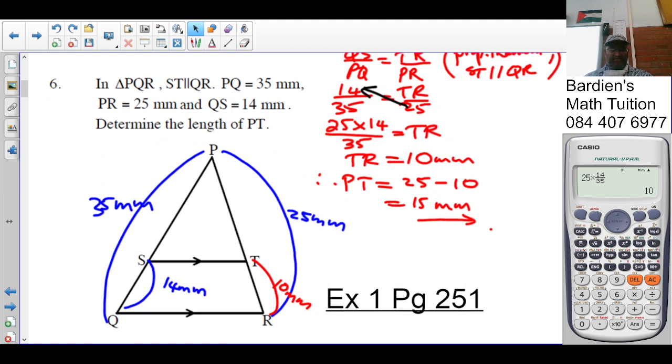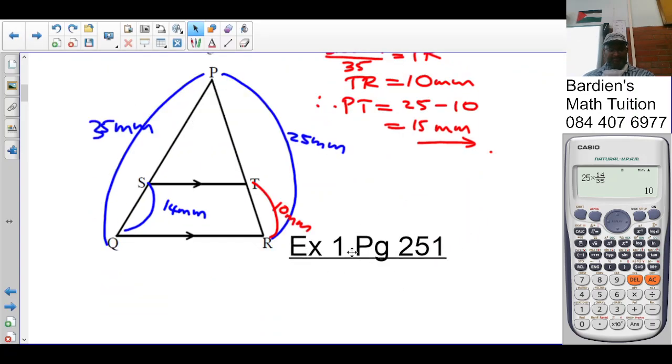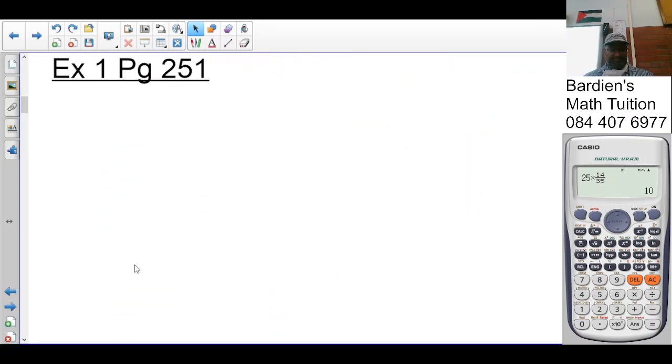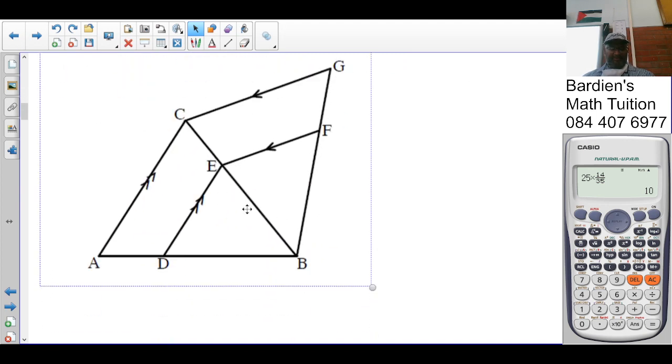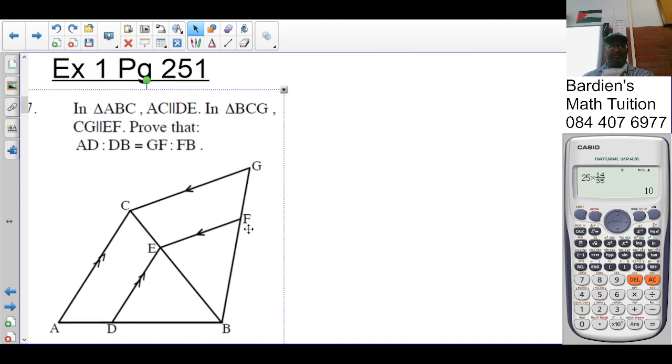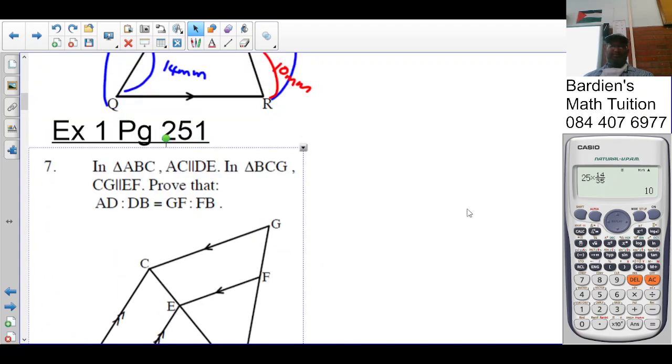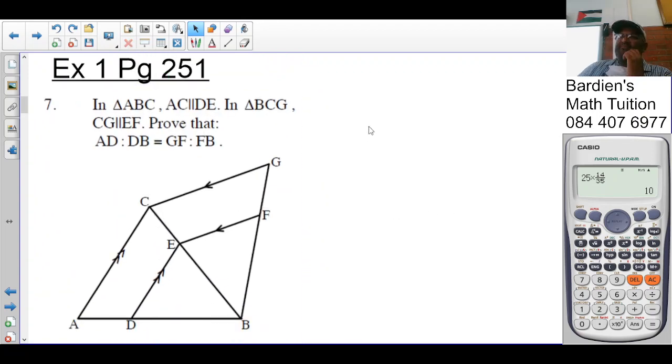Then what does the next one ask you to do? 7 and 8. No, only 7. I just gave you numbers that look similar to what I've seen over the past couple of years. I haven't seen a sum similar to number 8.